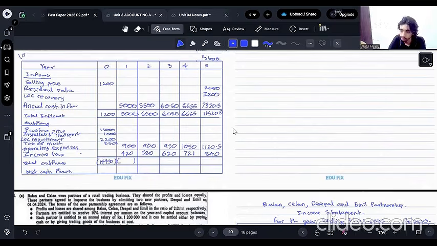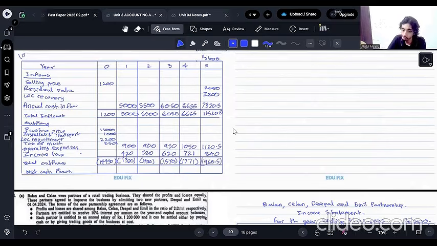Year one, it's going to be 900 plus 420, 1,320. Then here 1,420, 1,570, then 1,771 and 1,960.5.